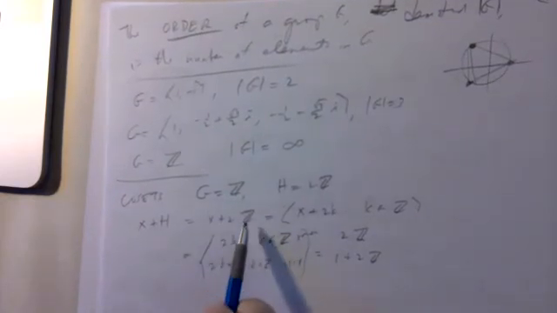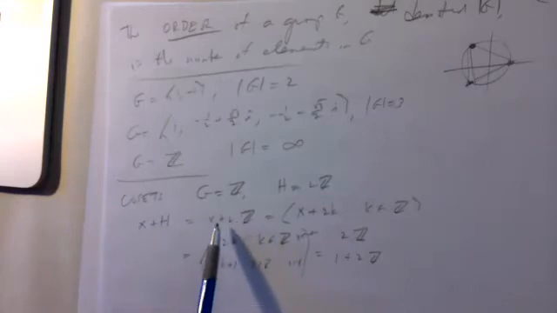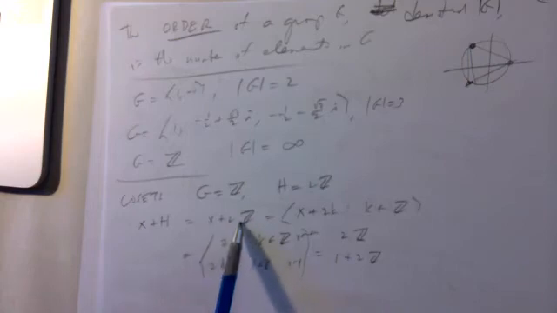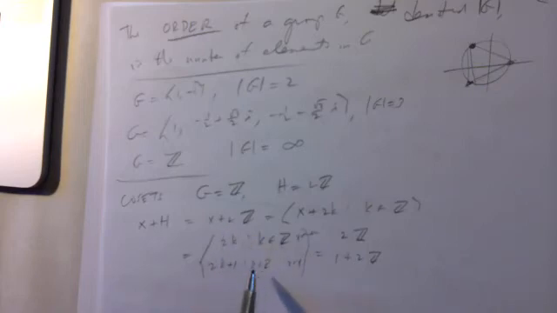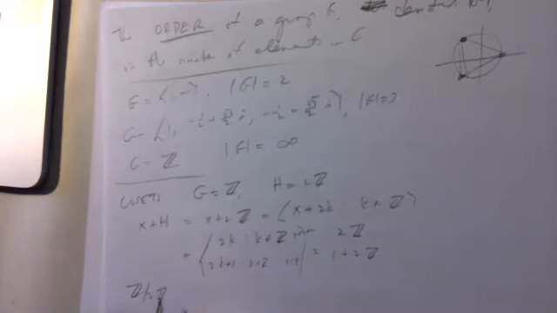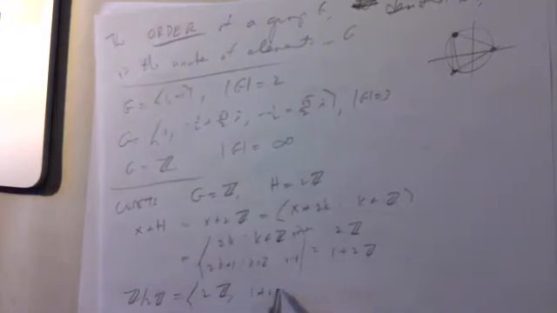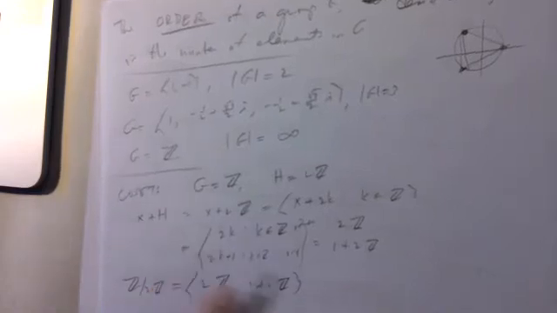So if you take the even integers as a subgroup of the integers, what are the left cosets? Well, if you translate the even numbers by an even number, you just get back the even numbers. And if you translate the even numbers by an odd number, you just get back all the odd numbers. So the set of left cosets of 2Z is just the set of even numbers and the set of odd numbers.